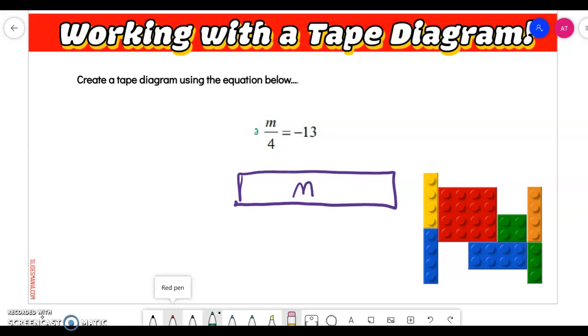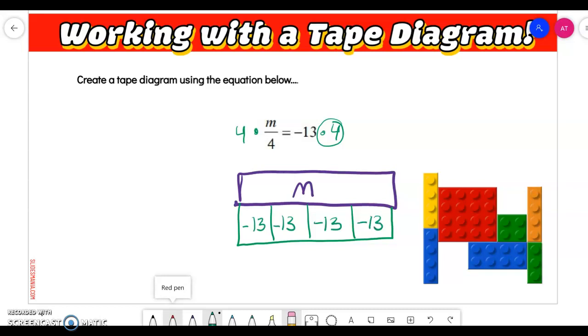Well, remember the rule is if I'm dividing, that means on both sides I'm going to multiply. So I'm dealing with 4 sets of -13. So underneath it, I'm going to draw -13 4 times.